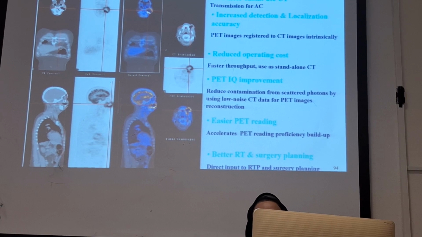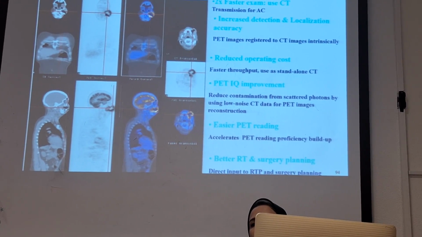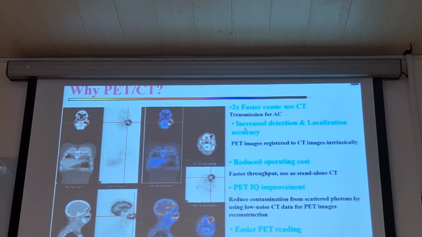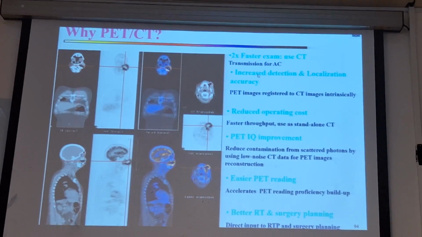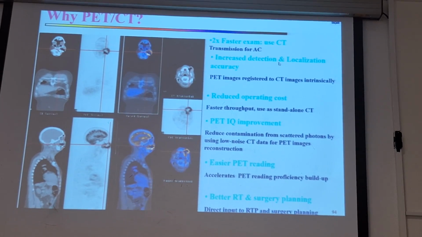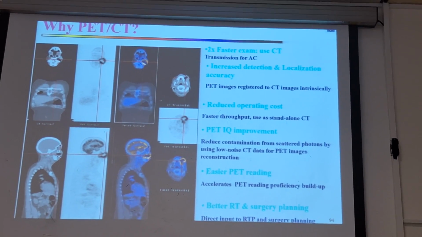This is the reason why we use the CT combined with the PET imaging. One of the most important reasons is for detection and localization. We use the CT combined with the PET image.